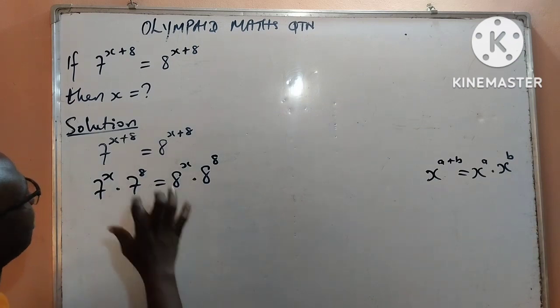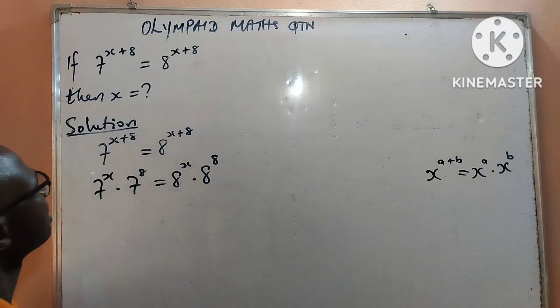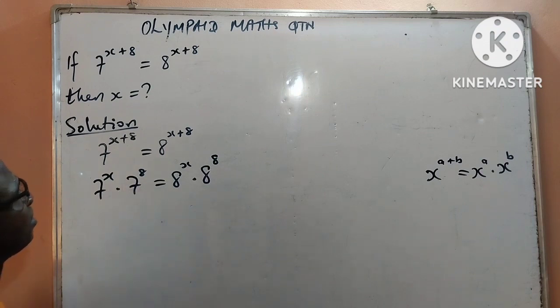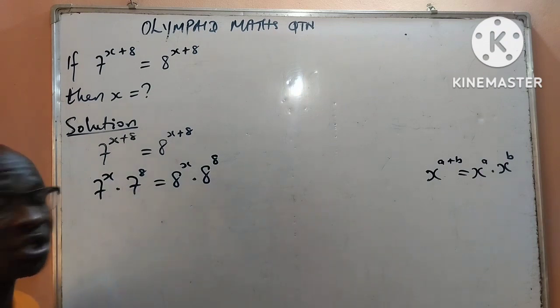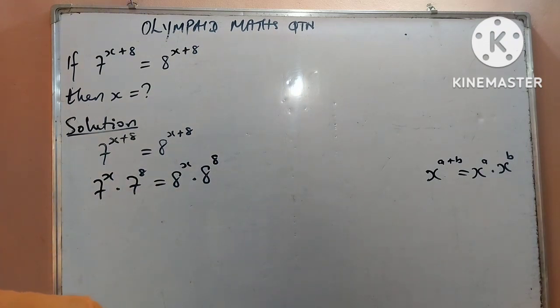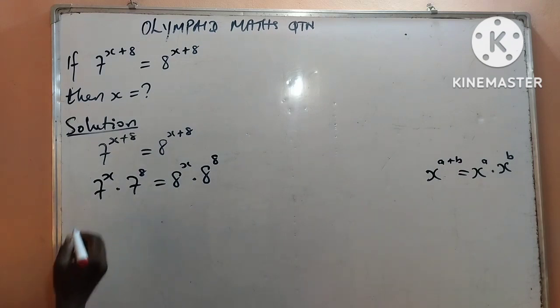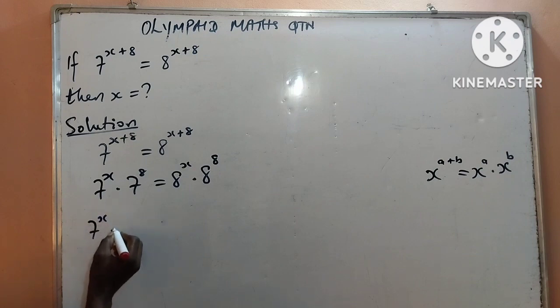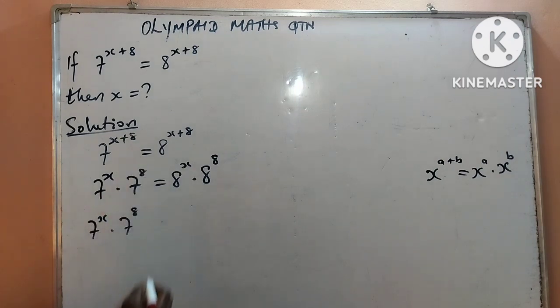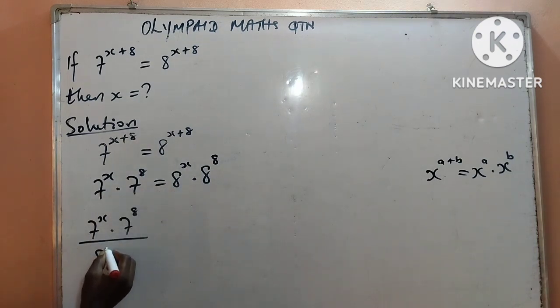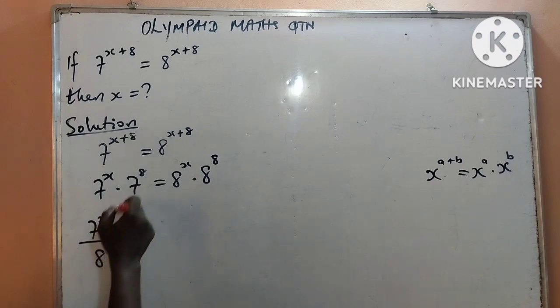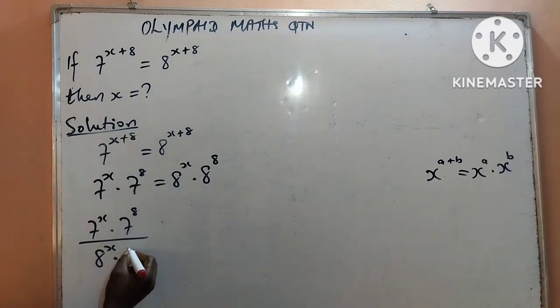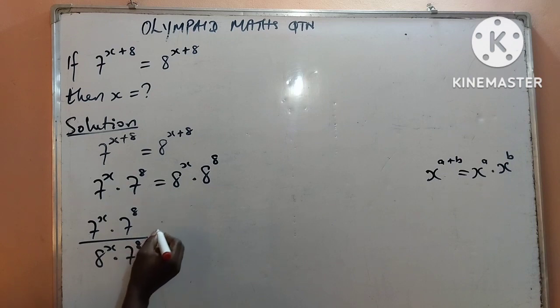Next, I want to take a division, and that is going to be this way. I will divide 7 to the power of x multiplied by 7 to the power of 8 by 8 to the power of x multiplied by 7 to the power of 8.